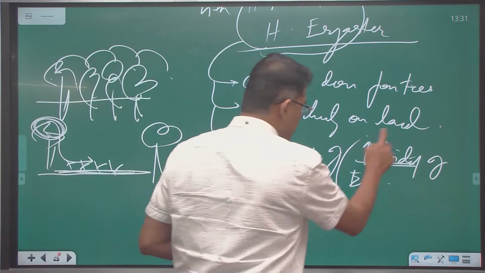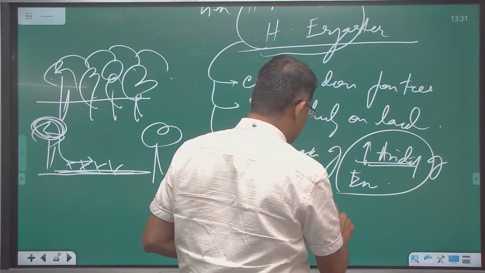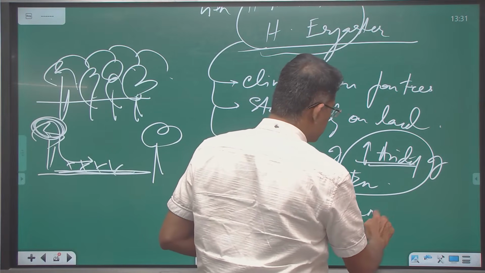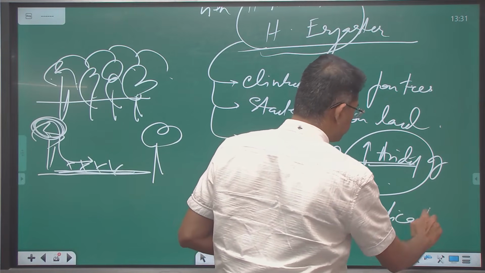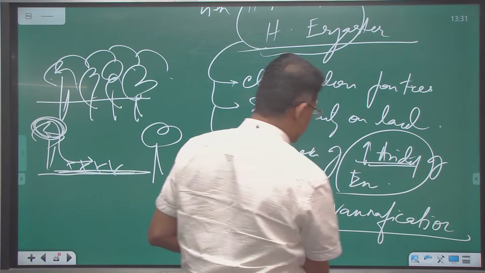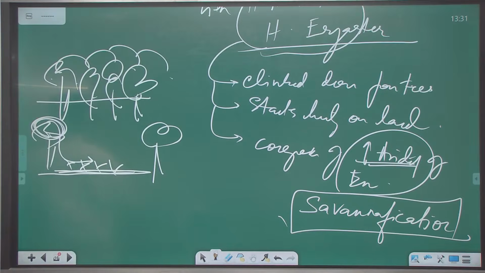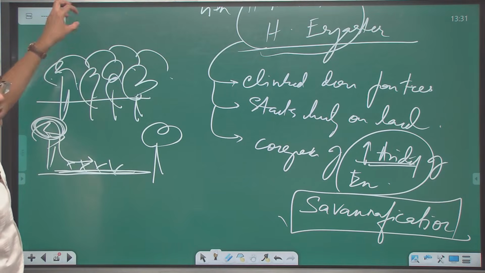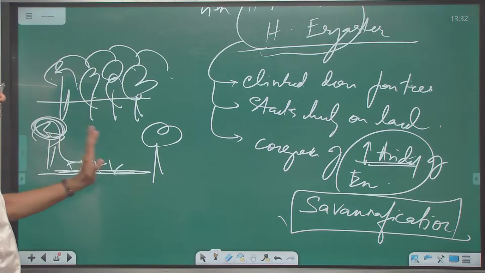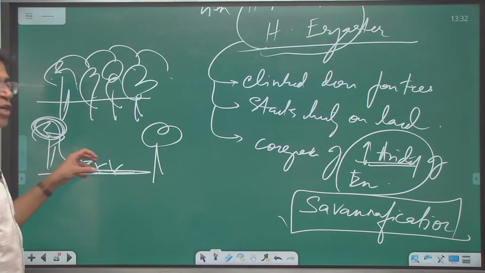This dryness is what is called savannification. Savanna is one type of climate with dry conditions and grasslands. Dense forest, the species lives in the trees. Dry conditions, trees are less. अब आप नीचे आओगे.